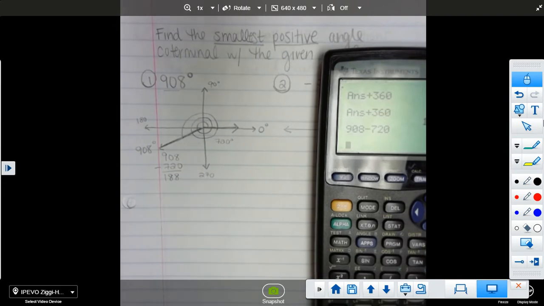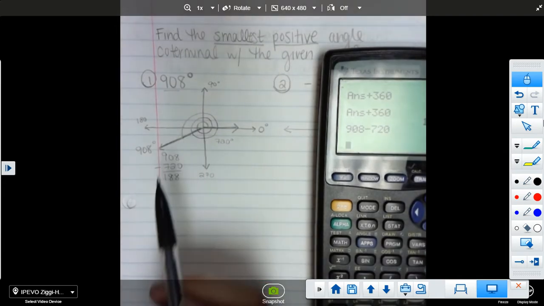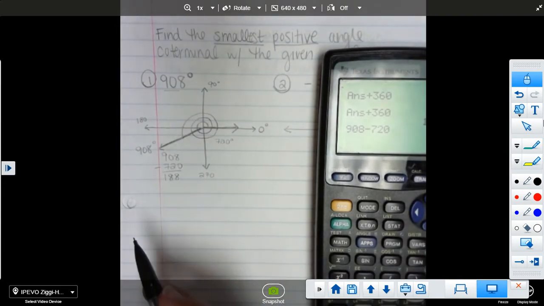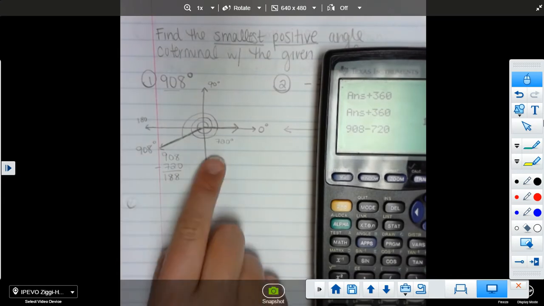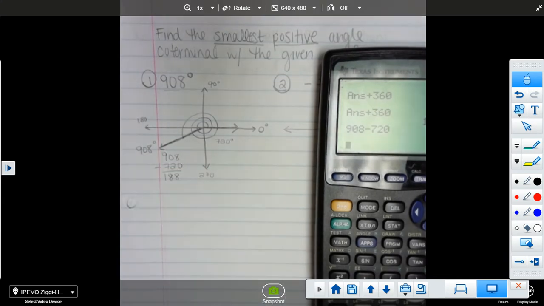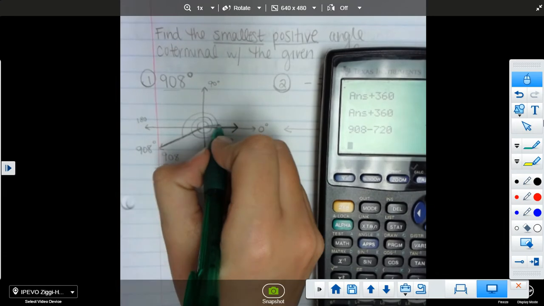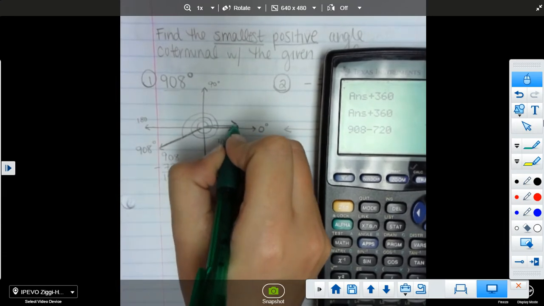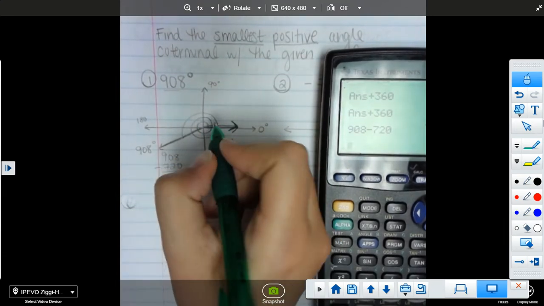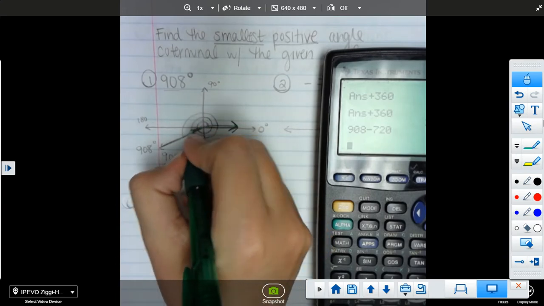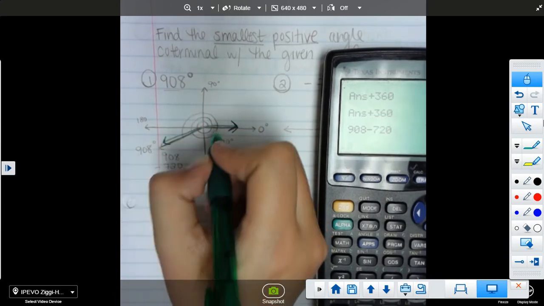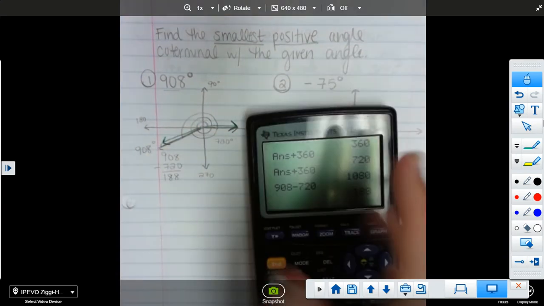All right, so now that we have sketched it, we want to see what other angle could lie on the same initial side. So I'm going to do this angle in green. It would have the same initial side, and it would have the same terminal side, which would be this one, and it would be positive and the smallest positive.